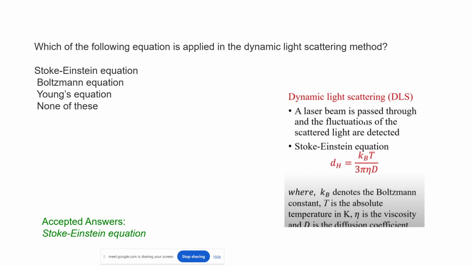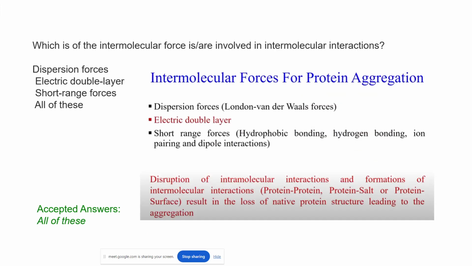The Stokes-Einstein equation is dH equals kBT by 3 pi eta D, where kB is the Boltzmann constant, T is the absolute temperature in Kelvin, eta is the viscosity, and D is the diffusion coefficient. So this gives a diameter dH, and based on that, we can also analyze the protein aggregation.